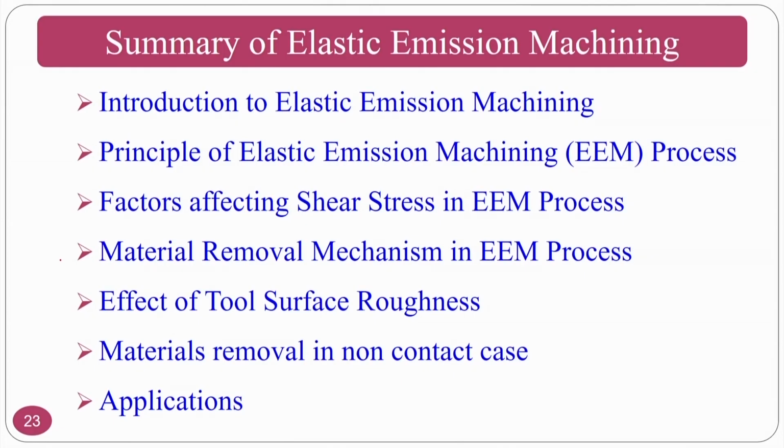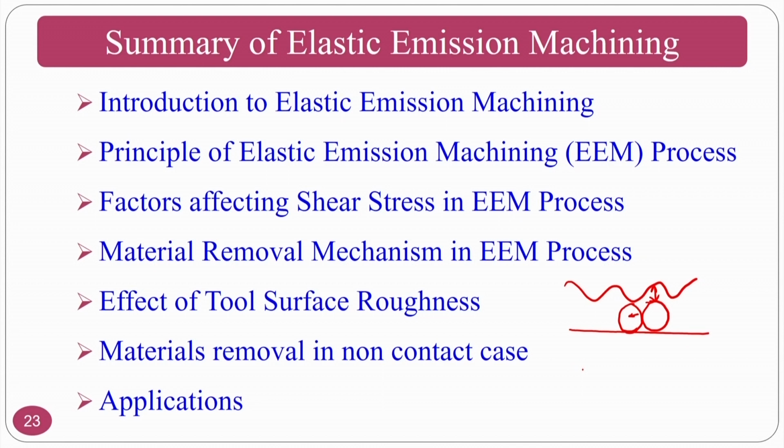Then, the effect of tool surface roughness. If the surface roughness of the tool is very high, what will happen? Assume that this is my workpiece surface. If the roughness is like this, you should always maintain the gap so that it is more than the abrasive particle size. If this is an abrasive particle, what will happen at this particular location? It may not touch, but if you come to this position, it will touch. So it should always be a smooth surface.